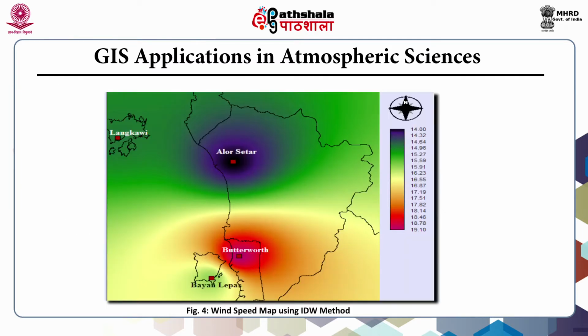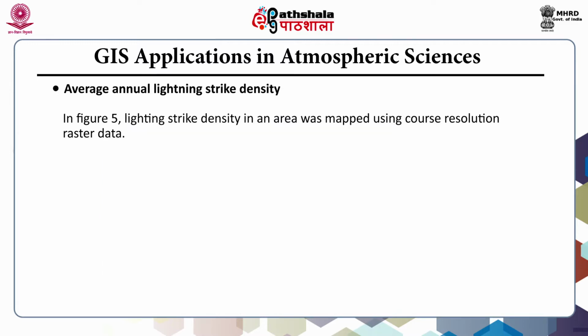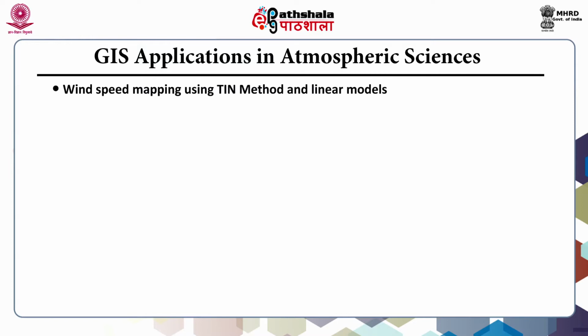In slide 29, this figure represents the assessment of wind or storm speed using the IDW interpolation method. Average annual lightning strike density in figure 5. Lightning strike density in an area was mapped using coarse resolution raster data. Wind speed mapping using TIN method and linear models.